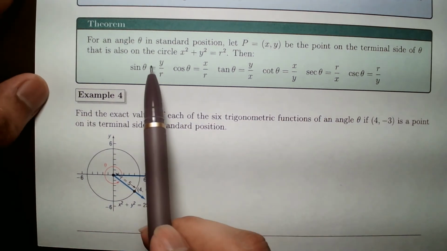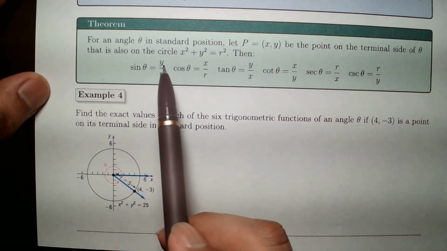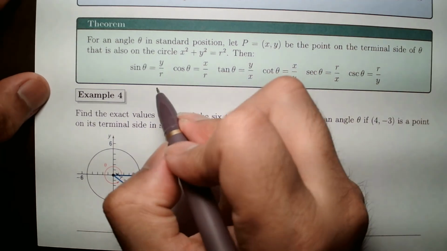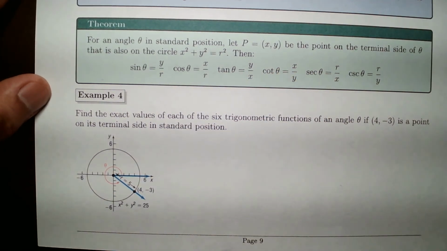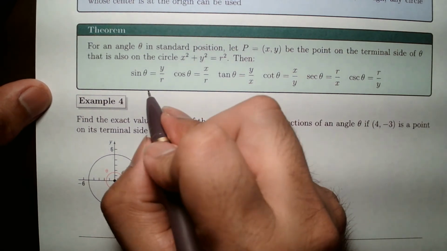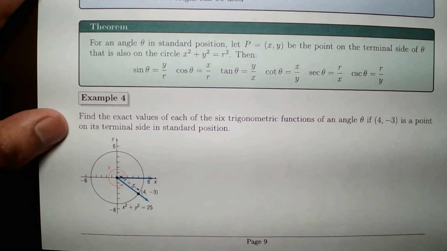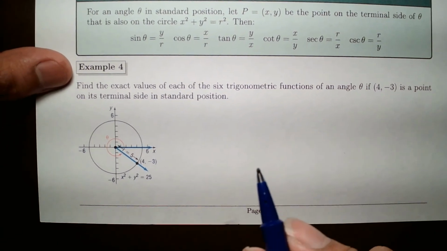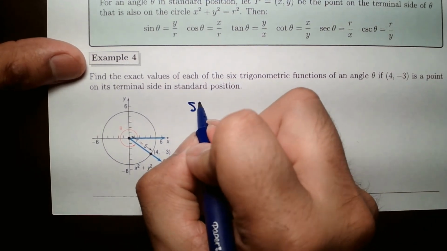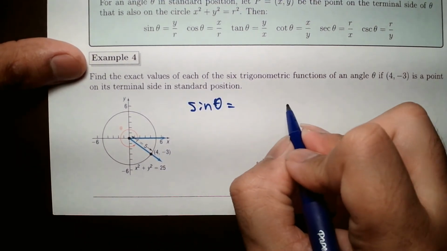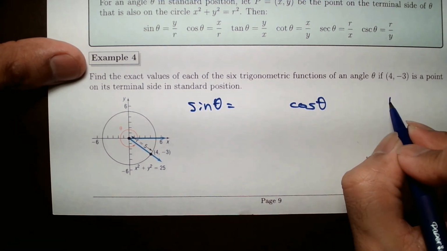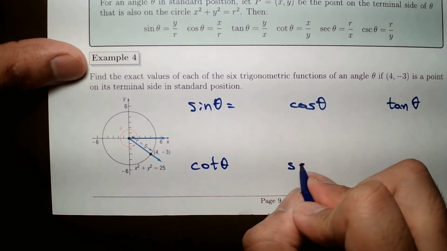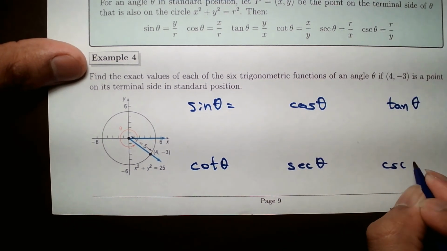Notice in this case, we have the same formulas. Sine, which is in this case y over r, cosine x over r. Well, in the unit circle, that r used to be 1. Now, in any other circle, we're going to have whatever radius we have. And as an example, right here, ultimately we're not going to care about the angle, so we want sine theta, cosine theta, tangent theta, cotangent theta, secant theta, and cosecant of theta.